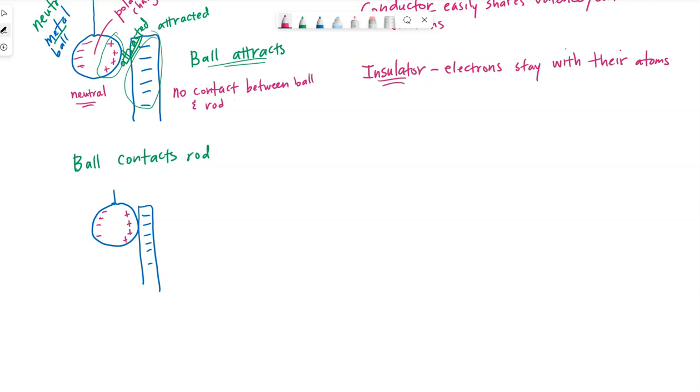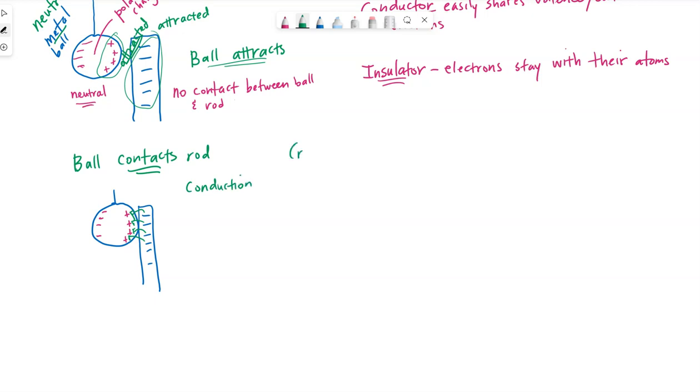That separation of charge. As soon as there is this physical contact, some of these electrons are going to physically move from the rod to the ball. Okay, so this contact, we call this conduction.